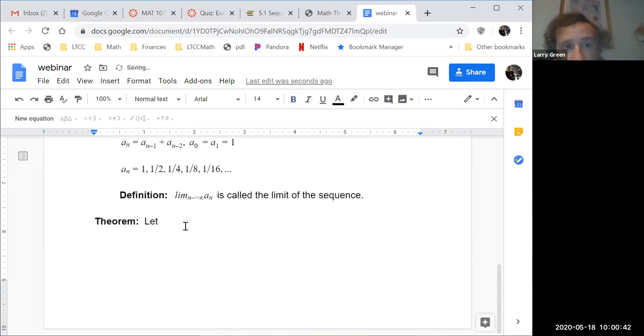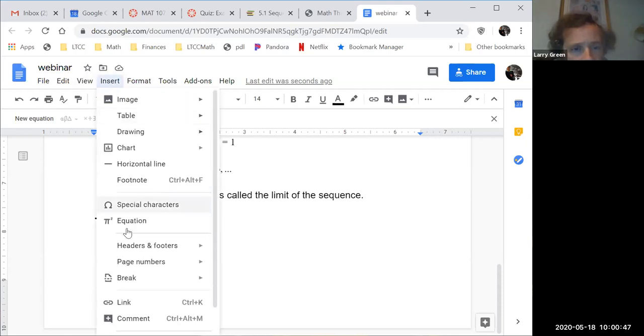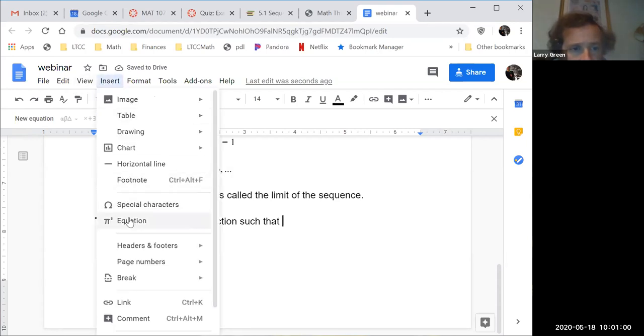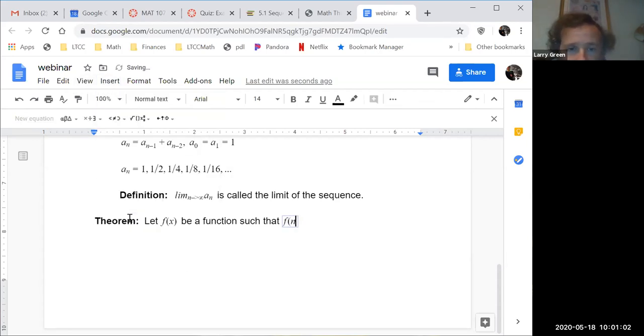Let f of x be a function such that f of n is equal to a sub n for every large n.